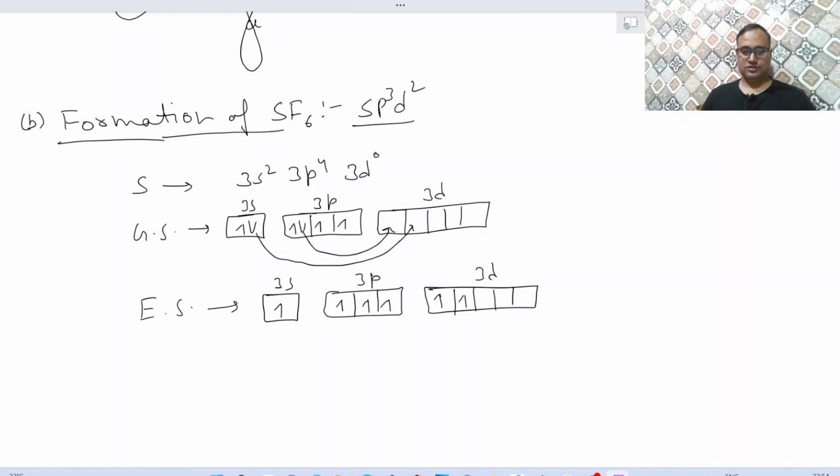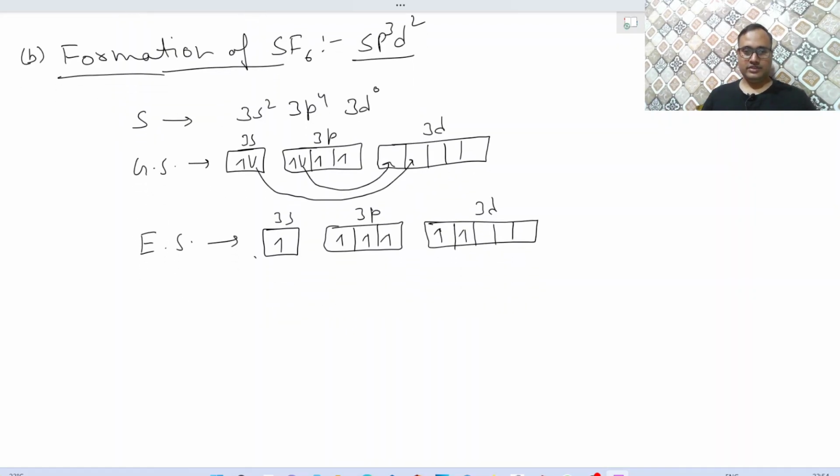So in total we have sp3d2 hybridization involving 6 orbitals.